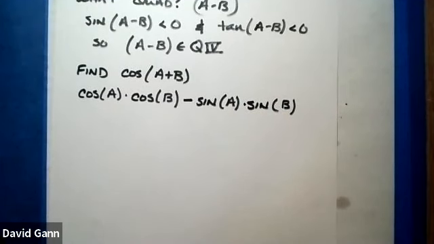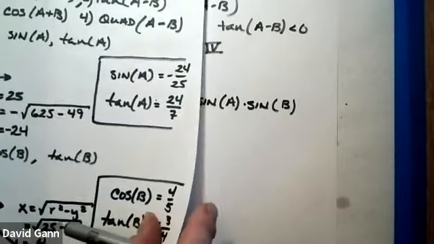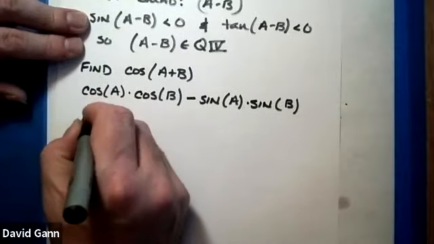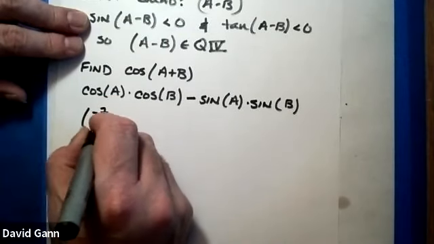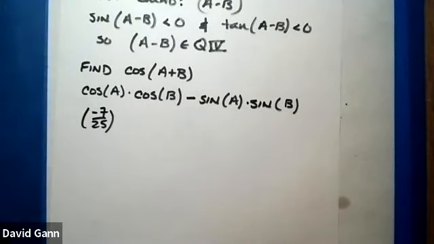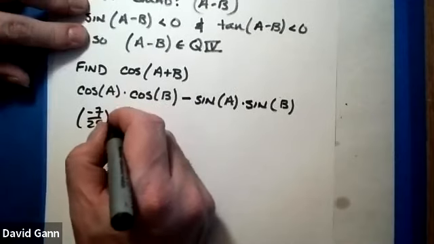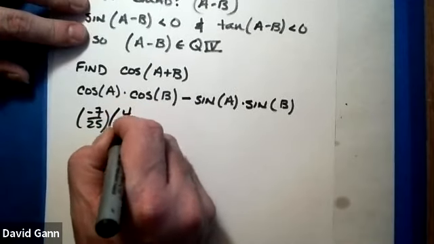So going back to the values that we determined, cosine of A is -7 over 25. Cosine of B we found down here was 4 over 5.